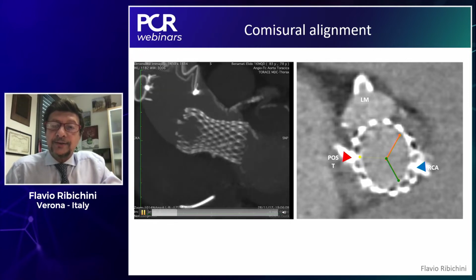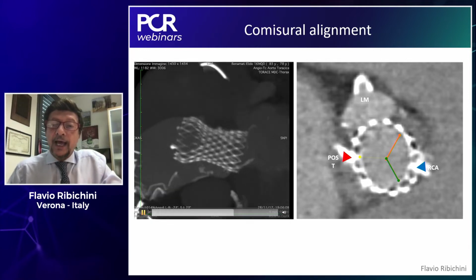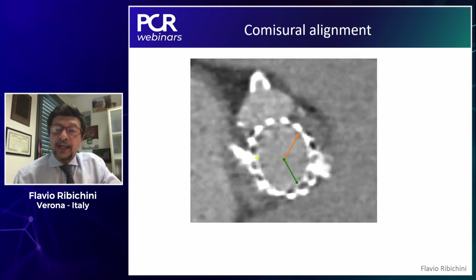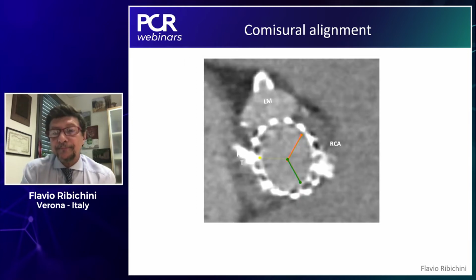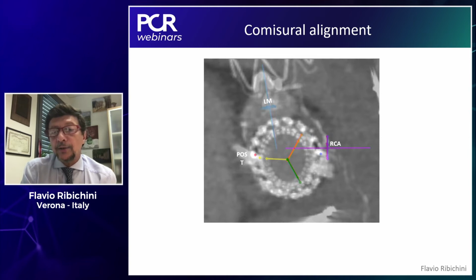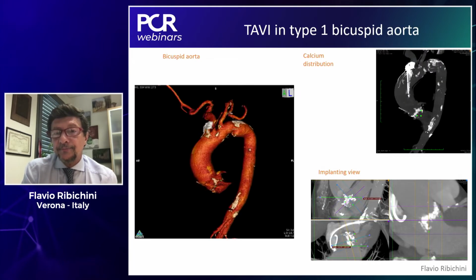So this is an example of a good alignment. Next, please. Despite the very demanding anatomy of this case. Next, you will see the posts of the valve and the origin of the right and the left coronary arteries. Next. This is what we call a good commissural alignment.